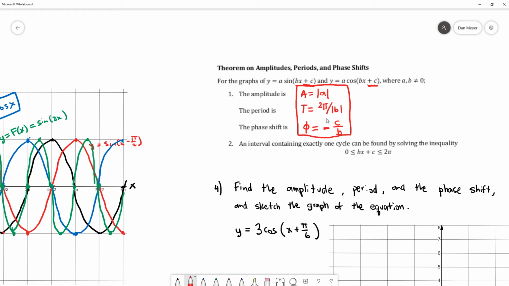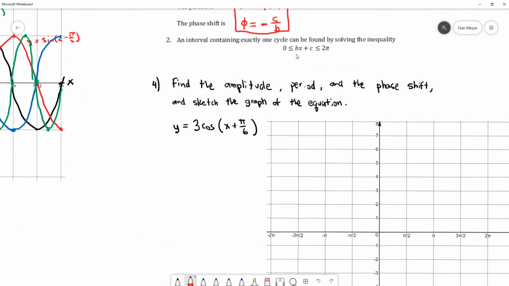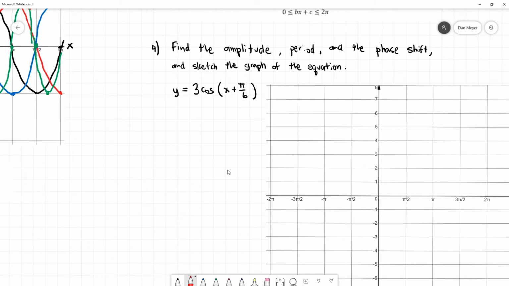You are going to have several questions that ask you to produce the amplitude, period, and phase shift. In fact, in all of the remaining examples, we're going to produce the amplitude, period, and phase shift. When it comes time to graph, dealing with it this way is one of the easier ways. I'll show you other ways, but for the first couple, we're going to solve this inequality when we go to graph. I might have to refer back to that.